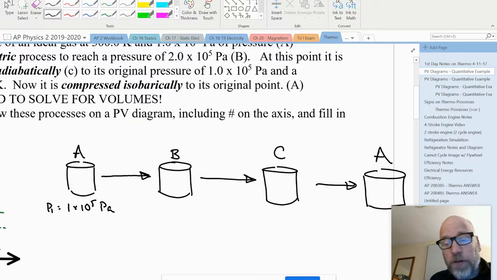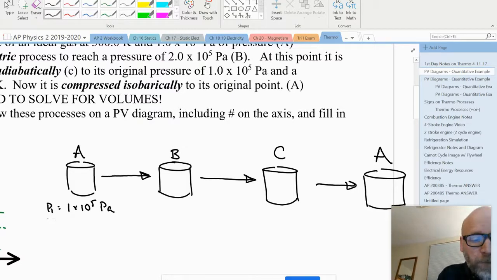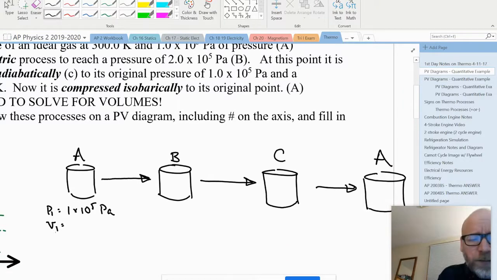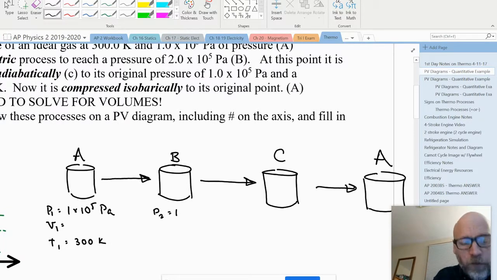If you didn't draw this in yet, do it or push pause. V1. Did it give me the... No, it did not. But it did give me the temperature at 1, which was 300 Kelvin. P2 is 2 times 10 to the 5th pascals.